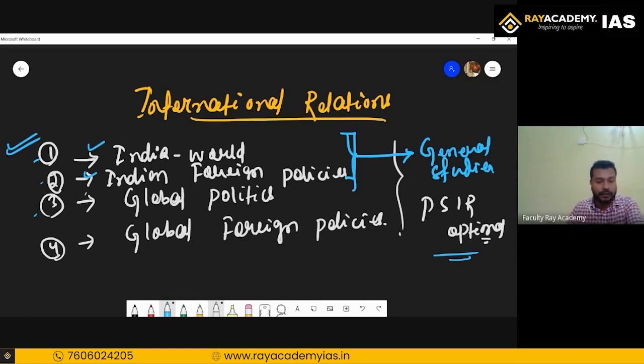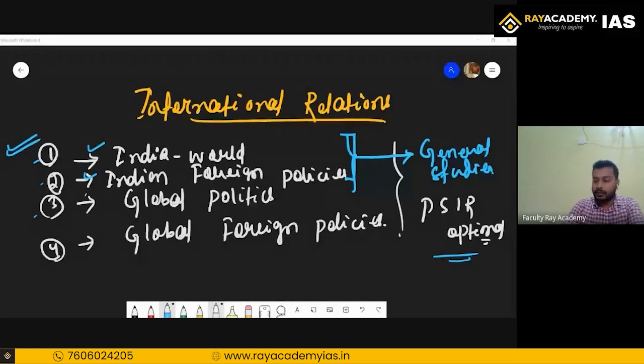For PSIR optionals, I will separately provide some additional points which are necessary from the optional point of view. But first, the basic foundations of the international relations of India and the world and Indian foreign policies are the same for both GS as well as PSIR optional.